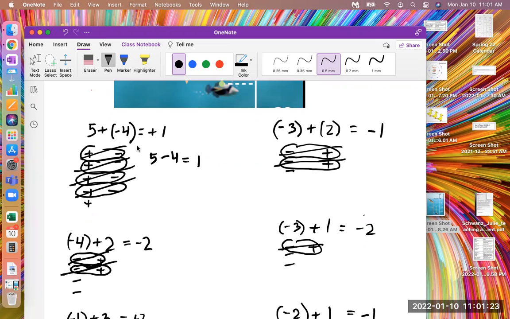So I say, okay, take the larger number, subtract the smaller number, and then keep the sign of the larger number. So I did 5 minus 4. Remember, I'm not thinking -4 here. I'm just looking at the absolute value, so I'm ignoring the negative and positive. The only reason the negative and positive are there is because of the red team and blue team idea. I want to know how many more people we have on the blue team than on the red team.